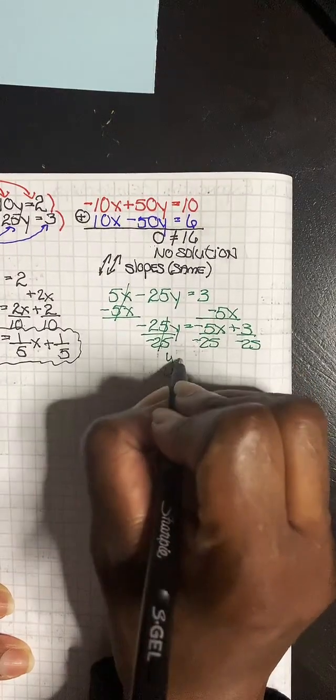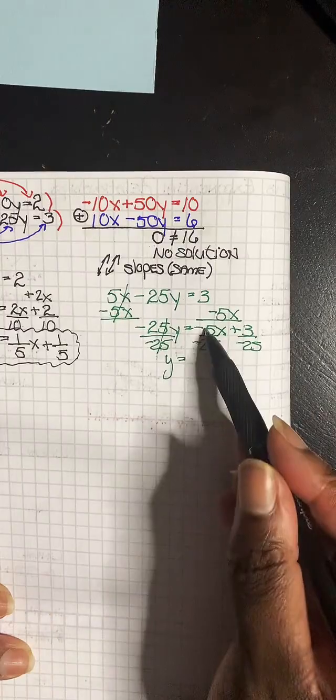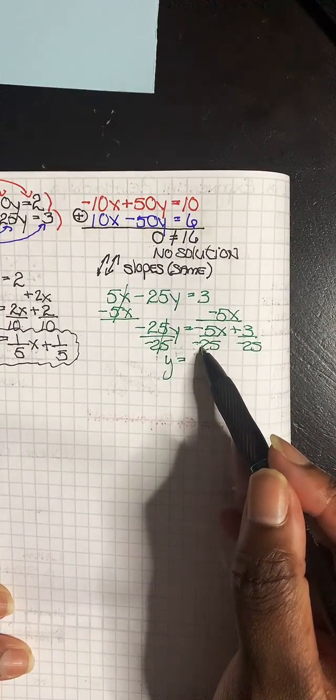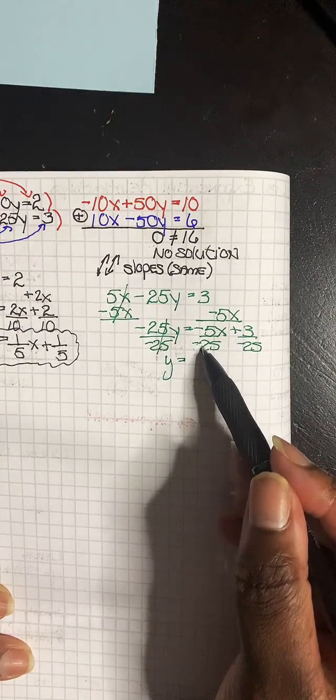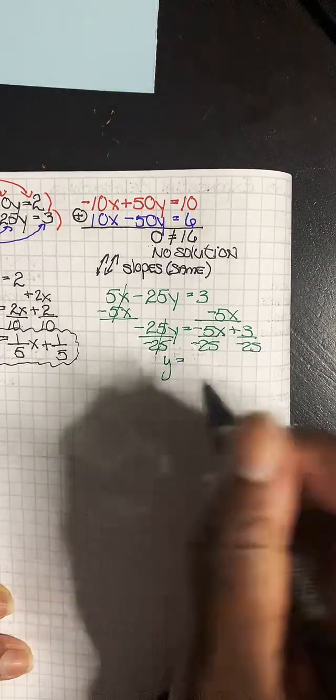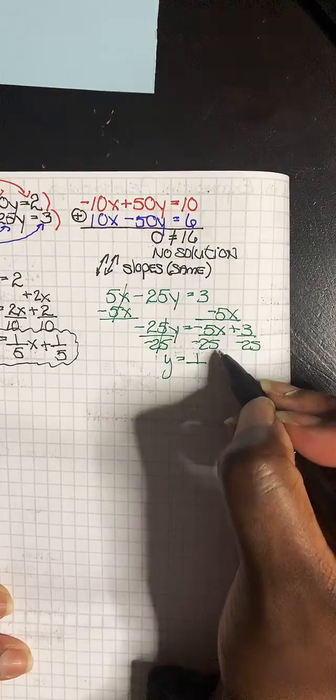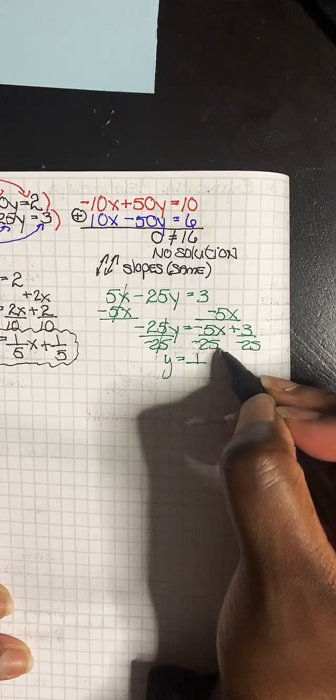So we have y equals, a negative divided by a negative gives me what? Okay, a negative divided by a negative gives me, yes, a positive 1/5 again. Good, because 5 and 25 both have 5 in common.